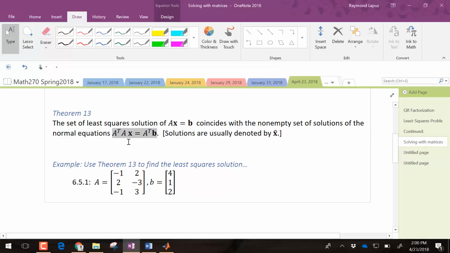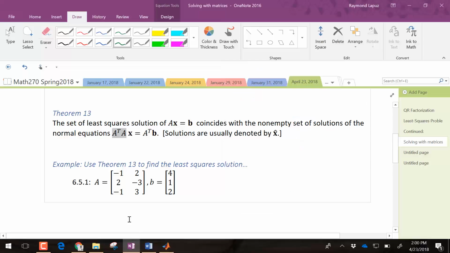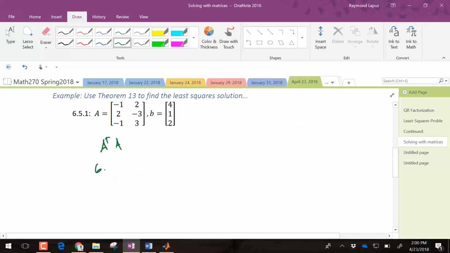Okay. So we have A, right? And A transpose that we want to multiply. So A transpose times A is a 2 by 2 matrix. Notice it's symmetric. So 6, -11, -11, 22.